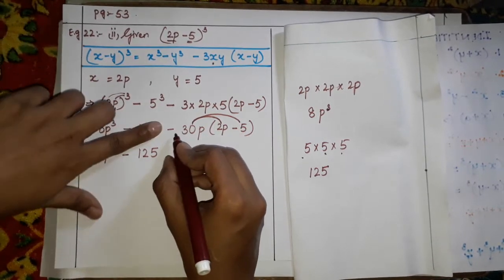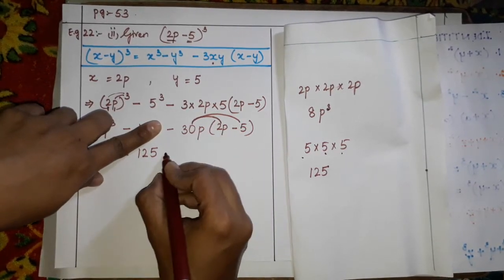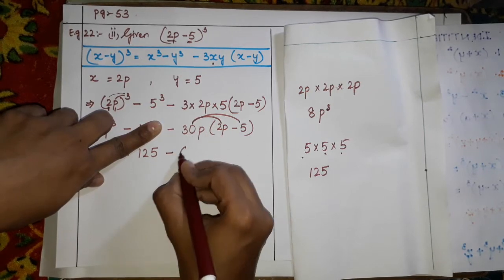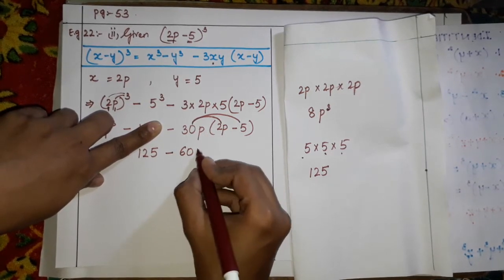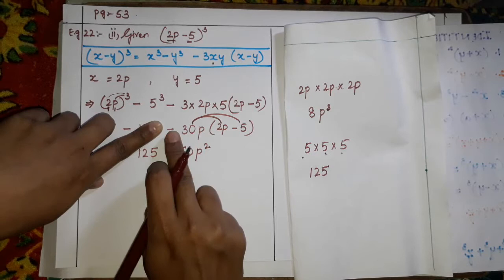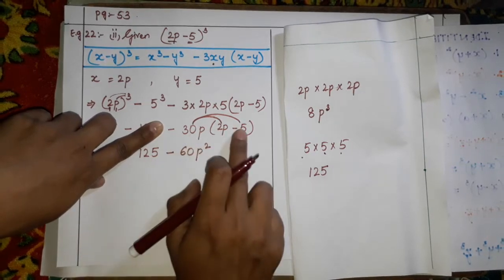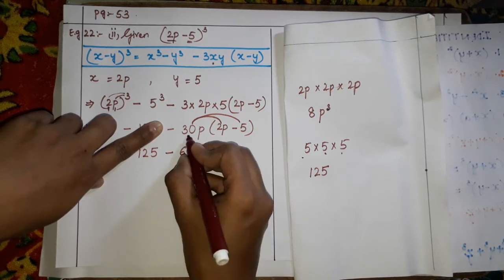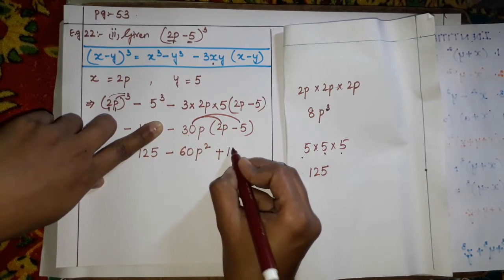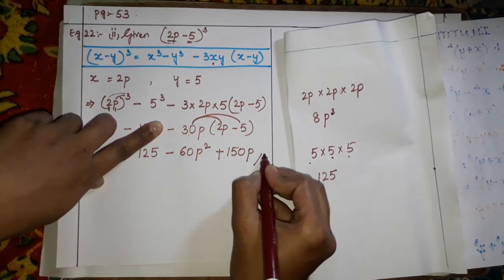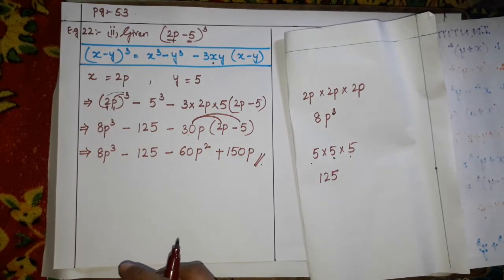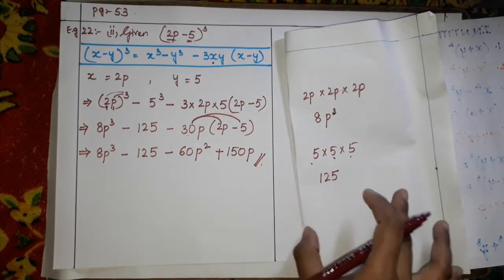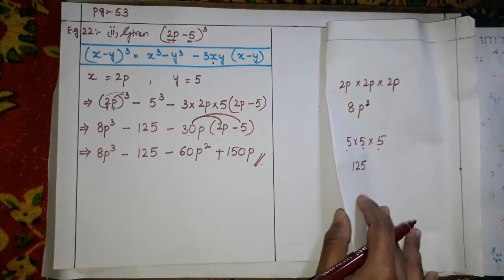Minus 30p into 2p is minus 3 2s are 6, 60. p into p is p square. Then again I am going to multiply minus 30p into minus 5. Minus into minus is plus. 3 5s are 15, 150. p as it is. That's it.